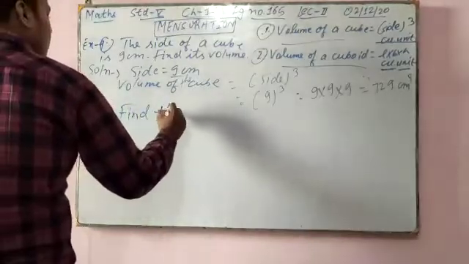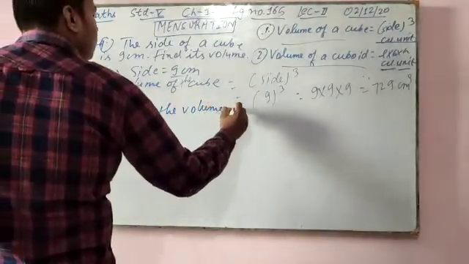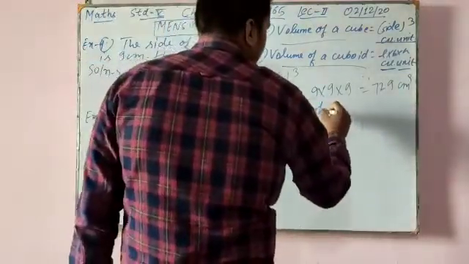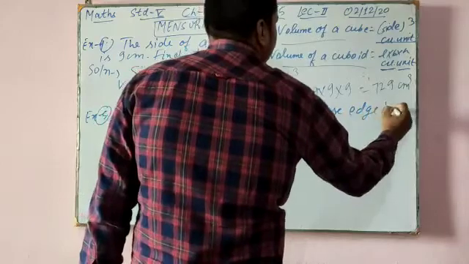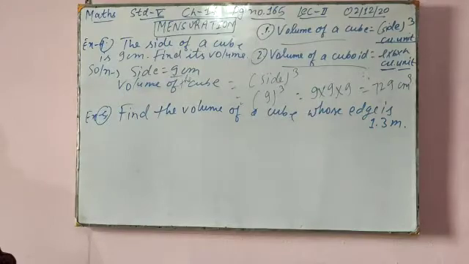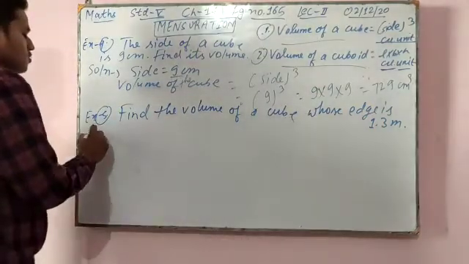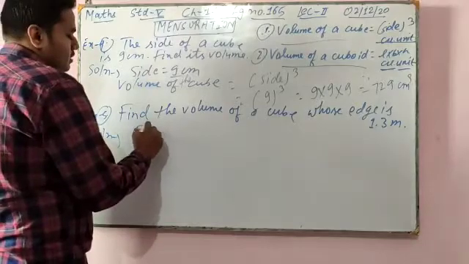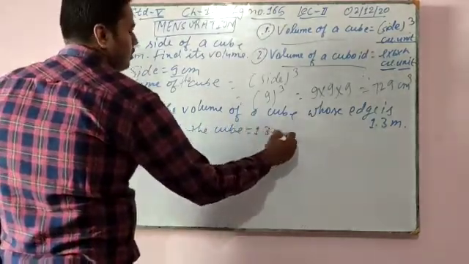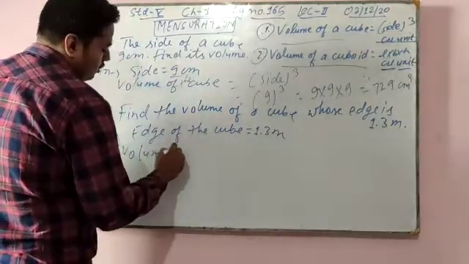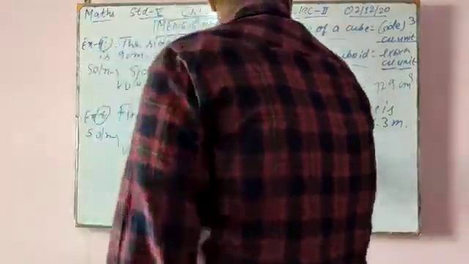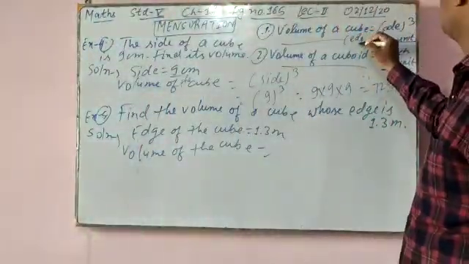Example 5 is find the volume of a cube whose edge is 1.3 meter. Okay, now see, edge means also the same thing. Edge means also side and side means edge. So the edge of the cube is given, 1.3 meter. You have to find the volume of the cube. Okay, so volume of the cube, this side cube, I can write it edge cube also.